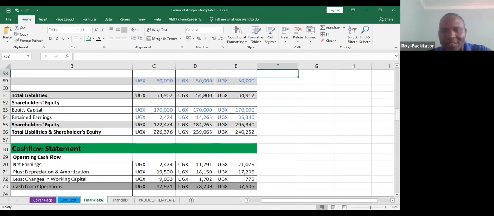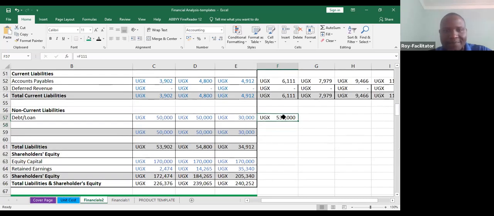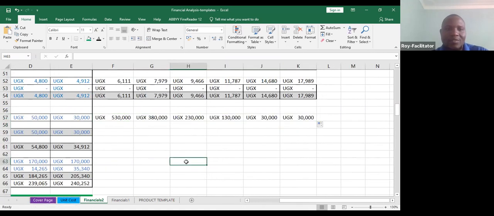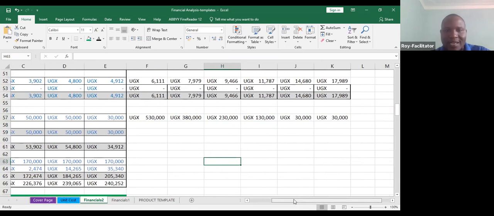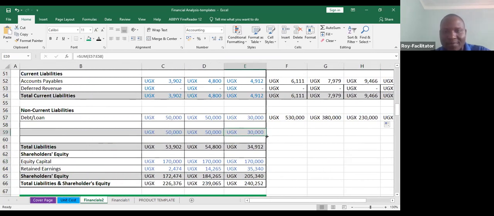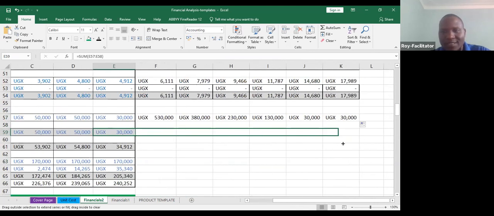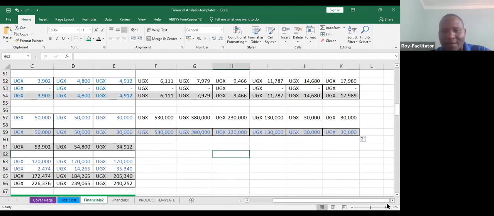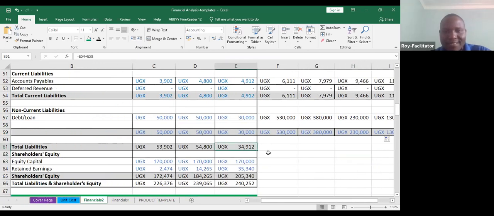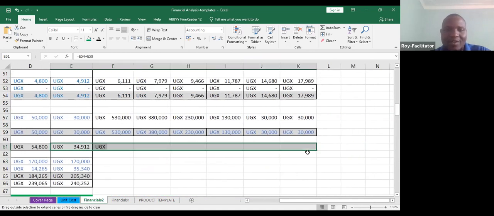Okay, so the closing debt, and I'll extend because I've already worked on that, on the amount of debt I'll be having. Okay, so that is done. Then this one can total up, just total that up. Total liabilities. So I can just also extend the formula because we've done it in the past. Once you feed in, that is it.